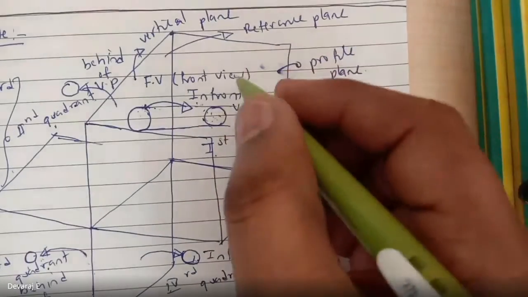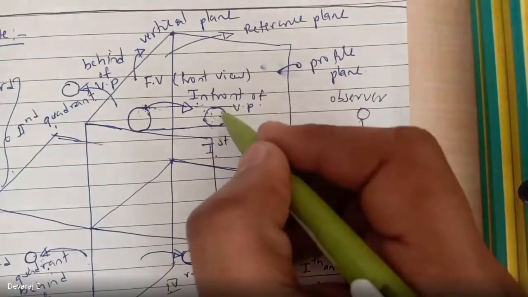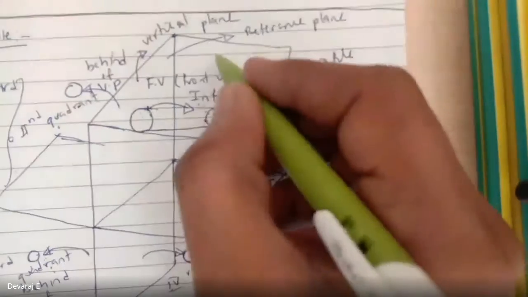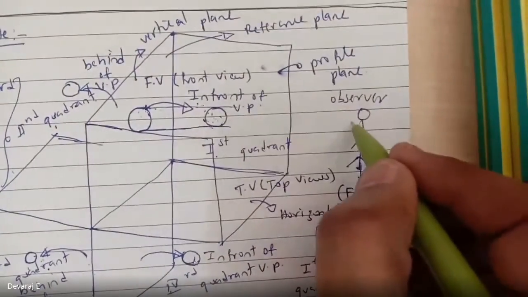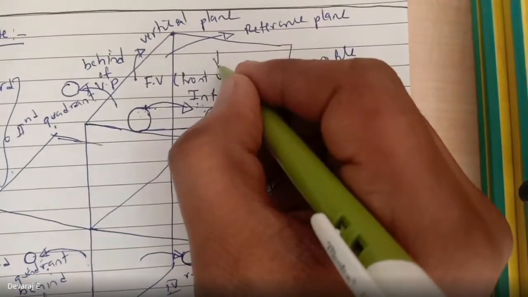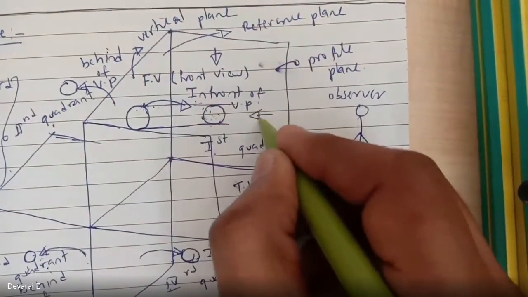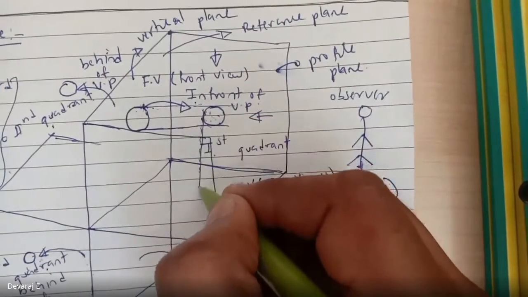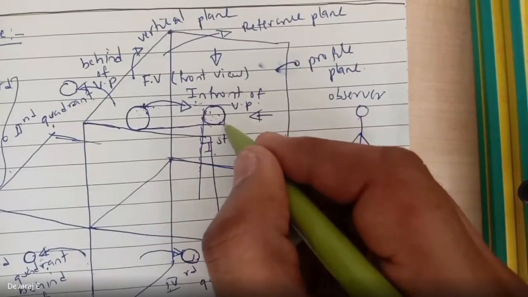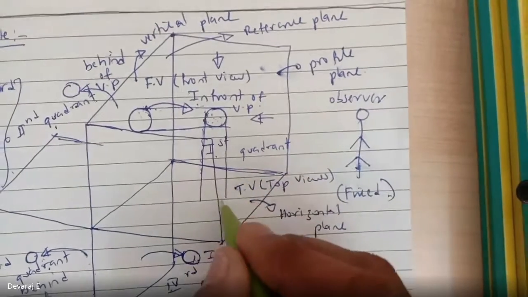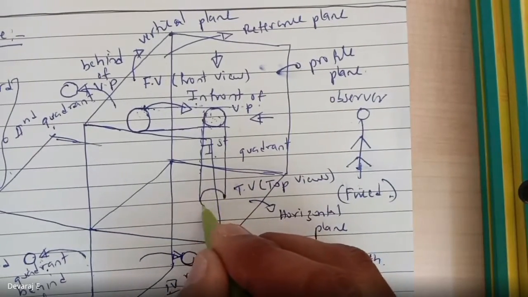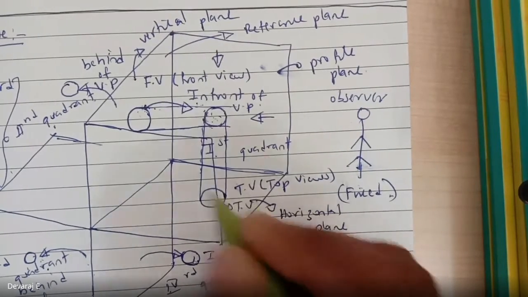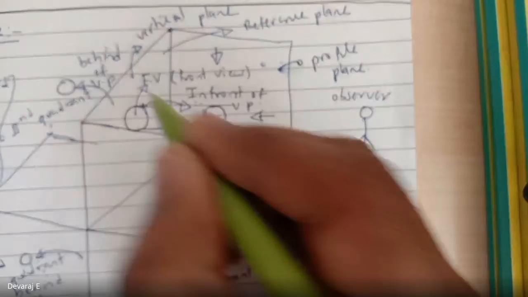Similarly, when the observer views the ball from the top, the projectors will fall on the top view, or you can say the horizontal plane, and the top view will look like this. So this is the top view, and this is the front view. Everyone is clear with this?